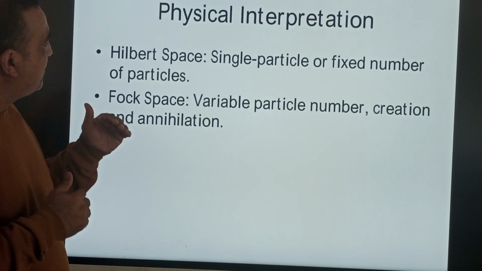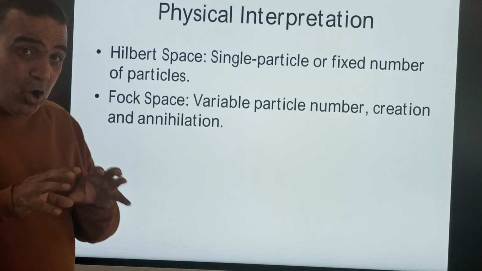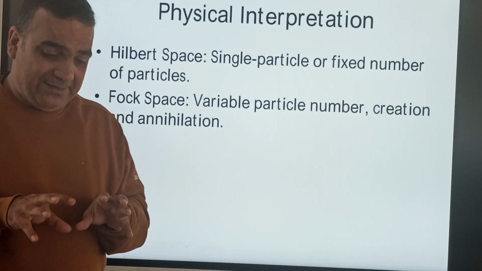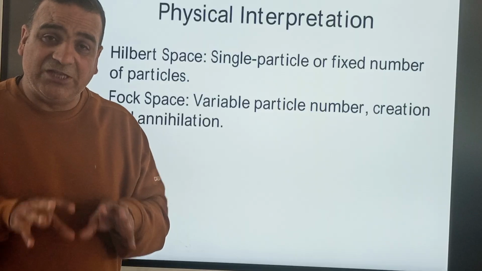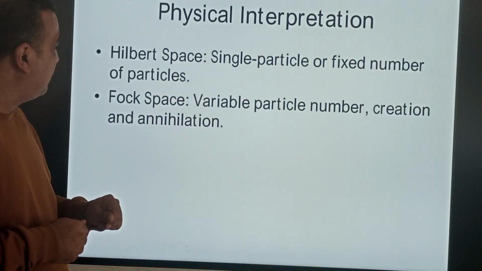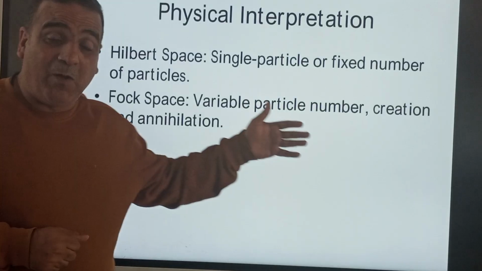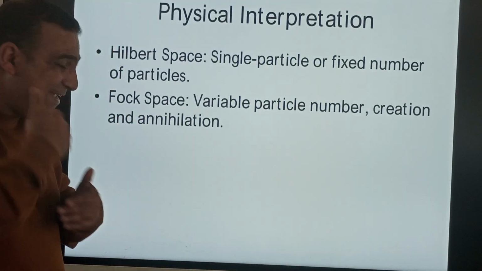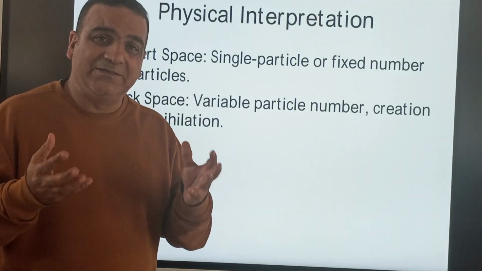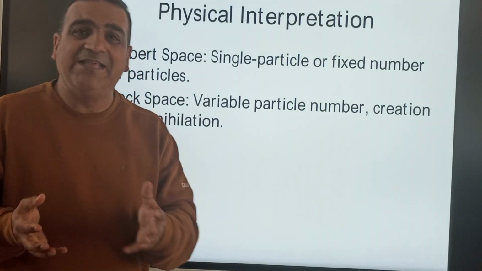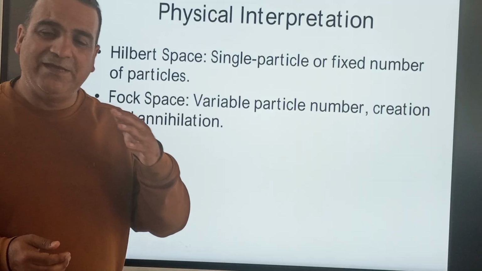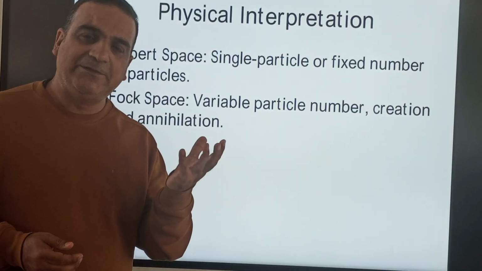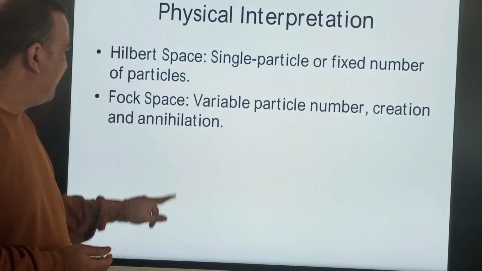Now, in Hilbert space, a single particle, or a fixed number of particles, lives. Talking about the Fock space, it is a variable particle number space, and you can create and annihilate particles in it, which is not the case with Hilbert space, the basic framework for quantum mechanics in first quantization.